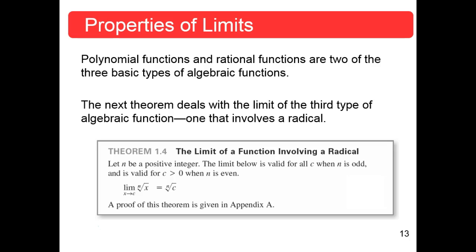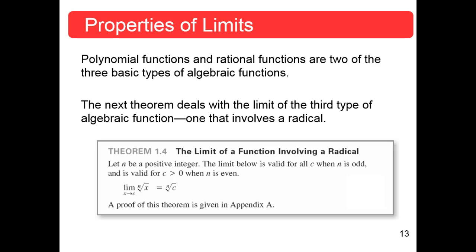But you have to keep in mind this only works if that n is even, meaning 2, 4, 6, 8, okay? The even root of a number requires that number to be positive. You cannot take the square root of a negative number. You can't take the 16th root of a negative number.